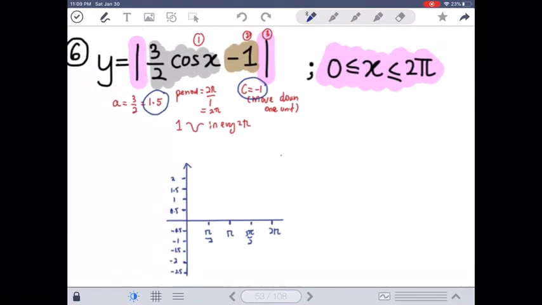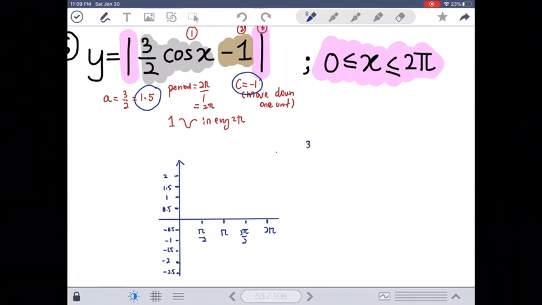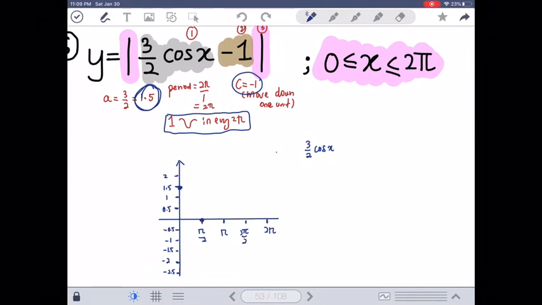Okay, first we start with 3 over 2 cos x, and we look at the cycle, one cycle in every 2 pi, and the amplitude is 1.5. And then we shift 1 unit downwards.